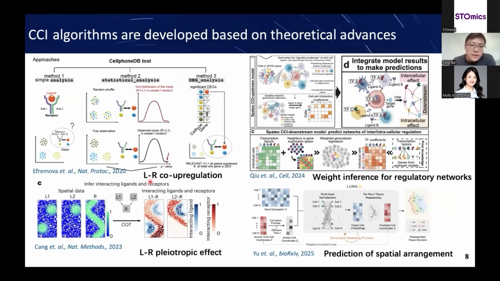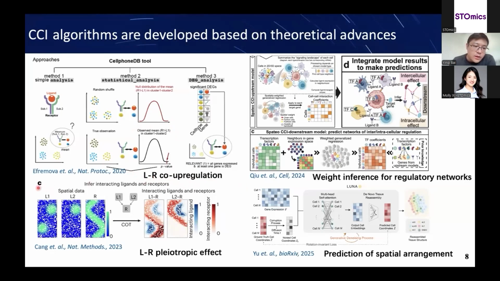In single cell data analysis, as we lose the spatial coordinates of the cells, we only calculate the co-upregulation of the ligand and the receptor in single cell data.